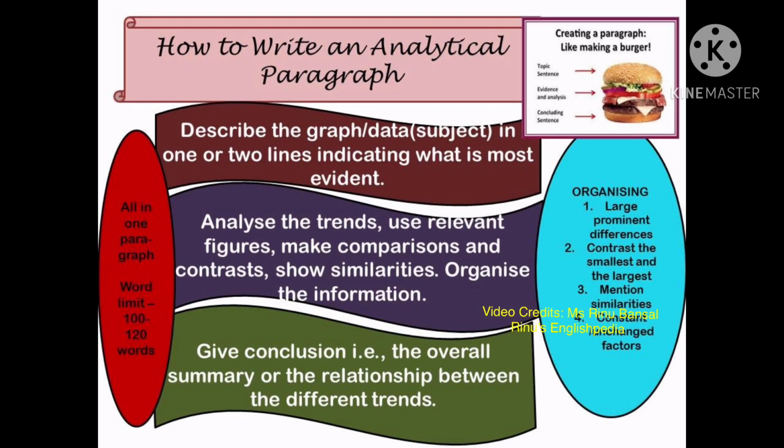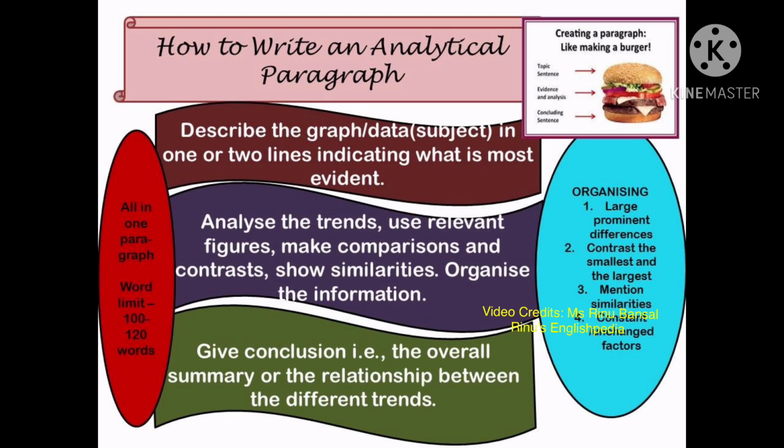Having understood the different kinds of data available, now it is time to know how to write an analytical paragraph. The first step in writing this paragraph is to describe the graph or the data that is the subject in one or two lines indicating what is most evident.